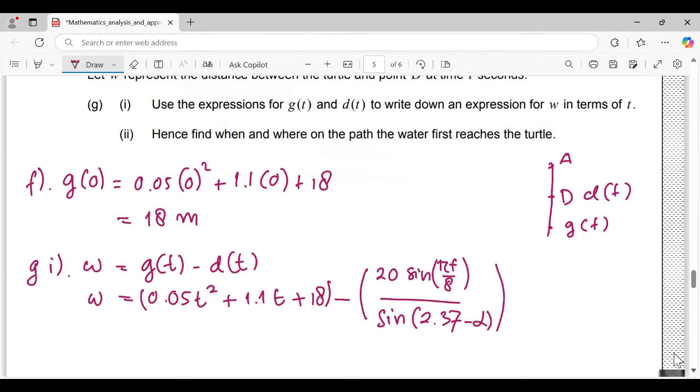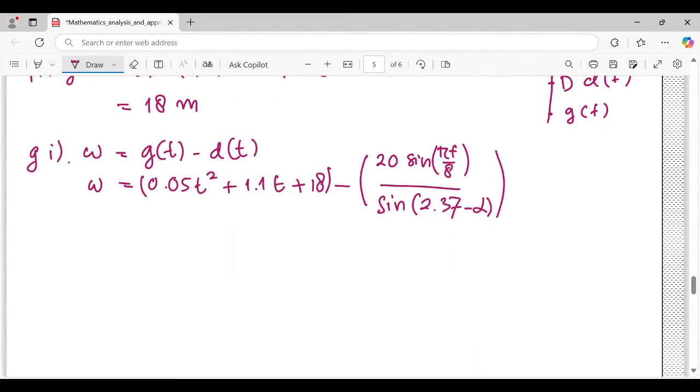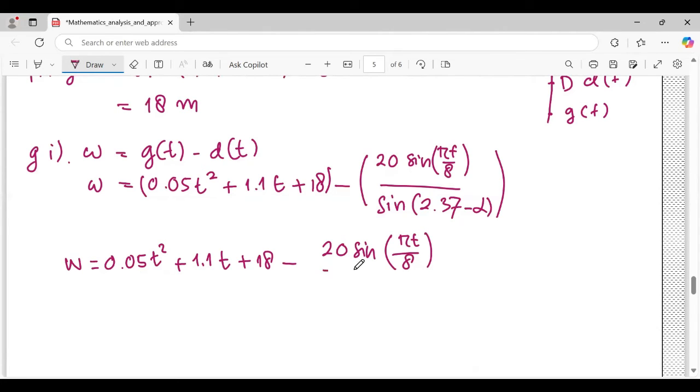We can write it like this: W equals 0.05 t squared plus 1.1 t plus 18 minus 20 sine pi t over 8 over sine 2.37 minus alpha.